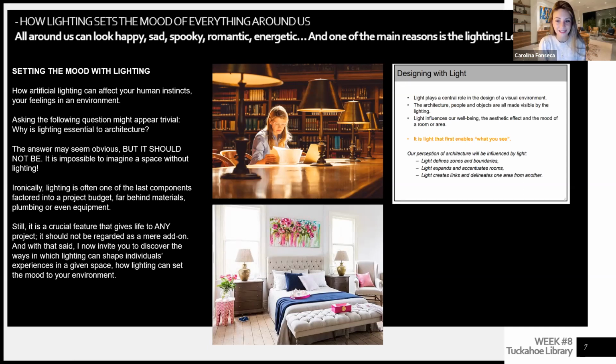Yes, it does. The architecture, people, and objects are all made visible by lighting. It's a very straightforward thing, but we take it for granted. Light influences our well-being, the aesthetic effect, and the mood of a room or an area.